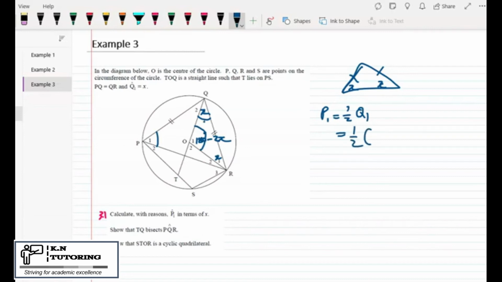What is O1? Which is what I've determined before. O1, which is 180 minus 2X. And then if you simplify this, this is going to be 90 minus X. Okay, so P1 there is 90 minus X. Again, grade 11.